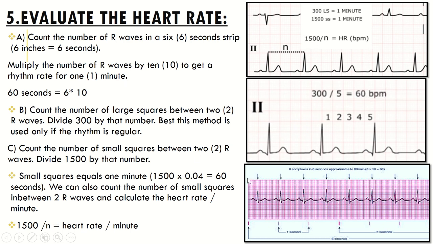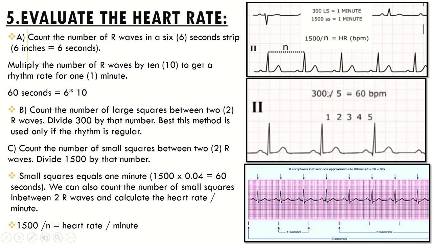Then, if the rhythm is regular, there is one more method. Count the number of large squares between two R waves and divide 300 by that number. Here you see two R waves, so 1, 2, 3, 4, 5. There are 5 large squares, so divide 300 by 5. Why do we divide 300?